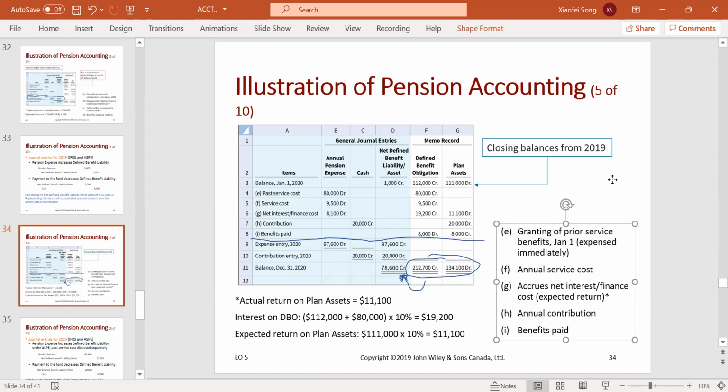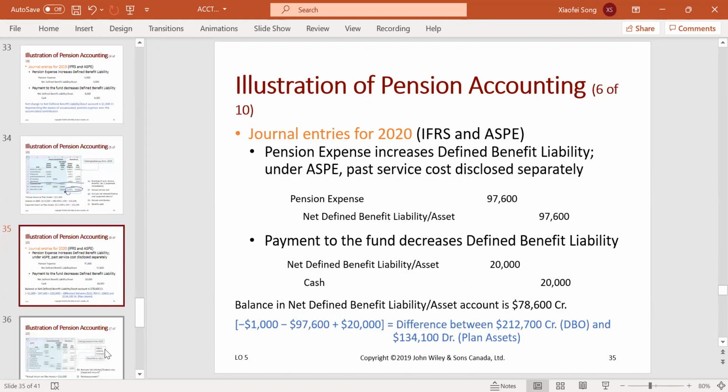Okay. All right. And so the journal entry will look like that. When you write it out: debit pension expense 97,600, credit net defined benefit liability 97,600, and debit net defined benefit liability 20,000 with a contribution, and credit cash contribution.